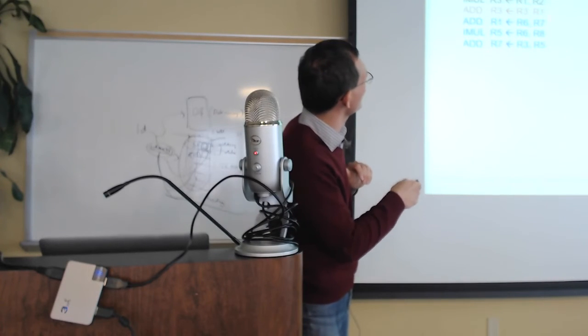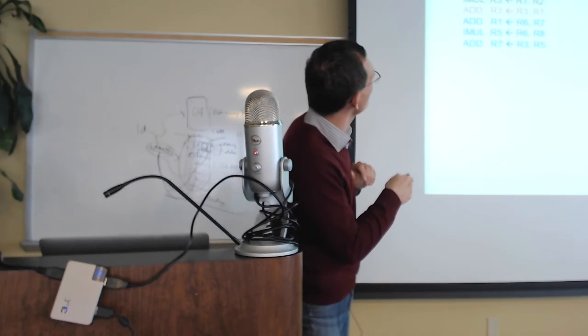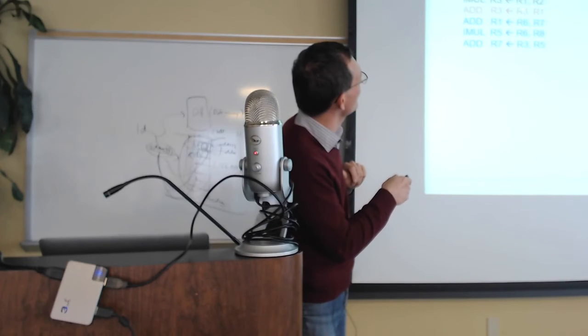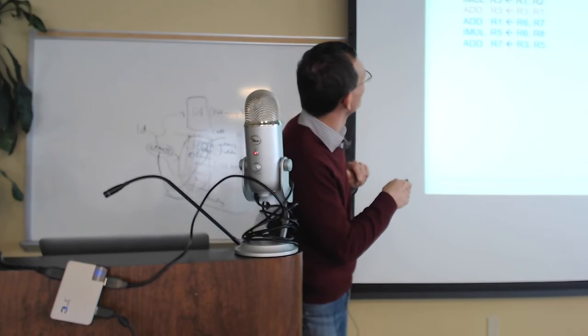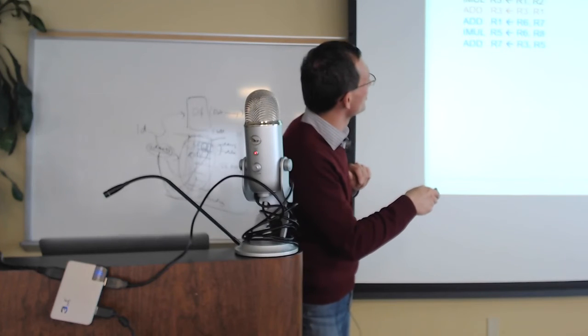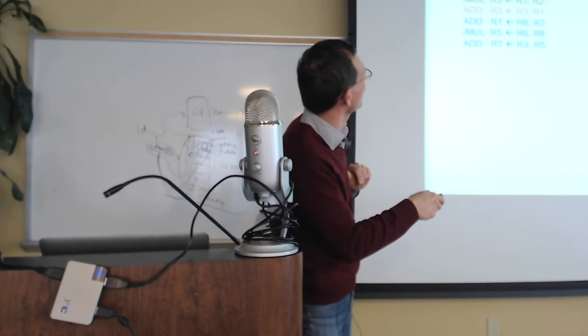Well, let's take a look at this case first over here. I show you two pieces of code, a multiply writing to register 3, and an add reading from register 3. And a bunch of adds over here. A load writing to register 3, and an add reading from register 3. And a bunch of independent instructions.